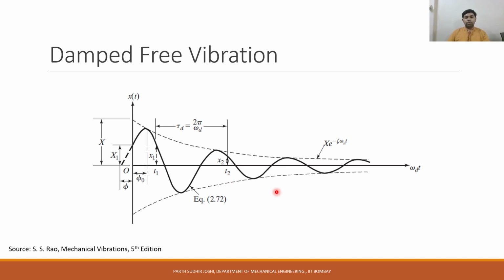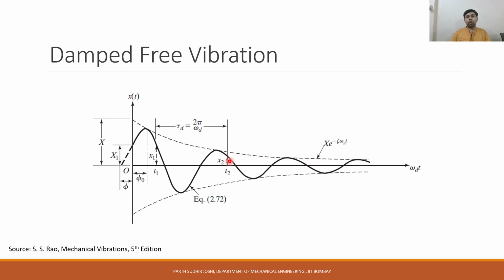Like how we have found out how we can find the solution for the underdamped case, we know the nature of the solution, so we can just substitute the time t1. We already know this curve based on our initial conditions. So we can calculate x1 at time t equal to t1 and x2 at time t equal to t2.